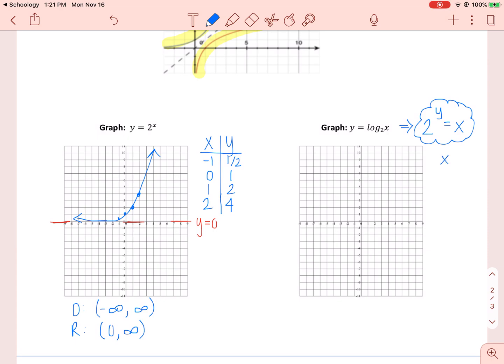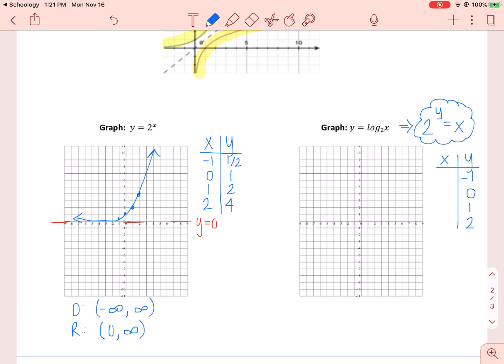I can do a nice x, y table. This time though, notice the y is the exponent. So instead of plugging in values for x, I'm going to plug in values for y, because then I can solve for x.